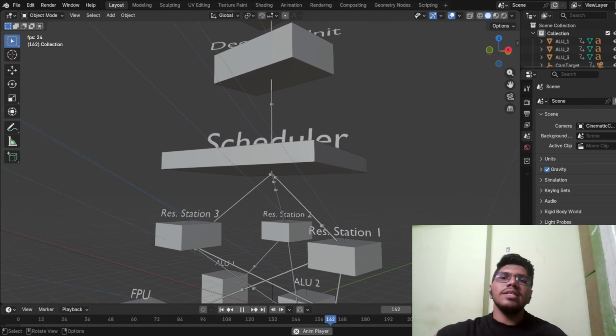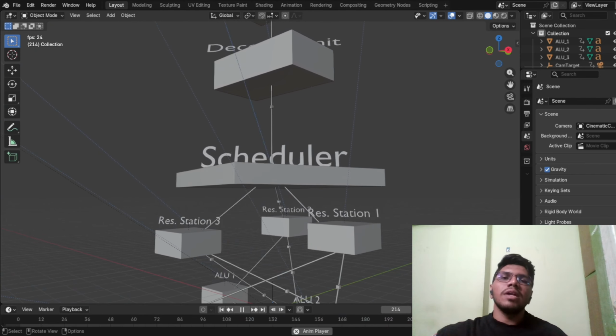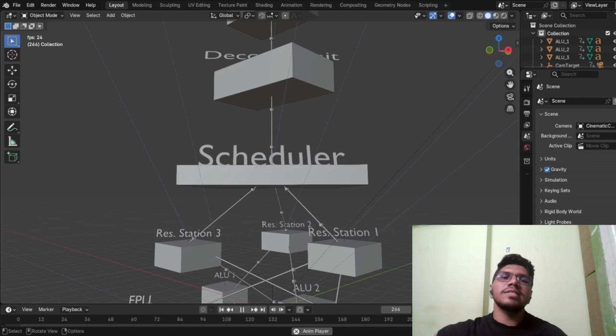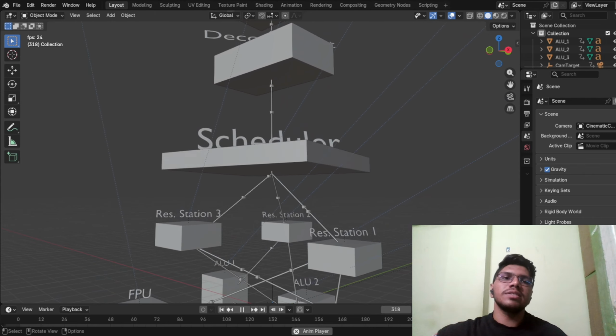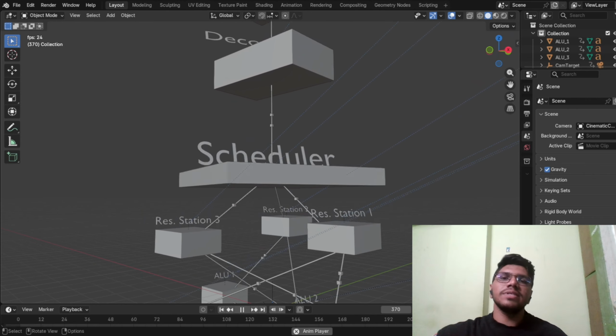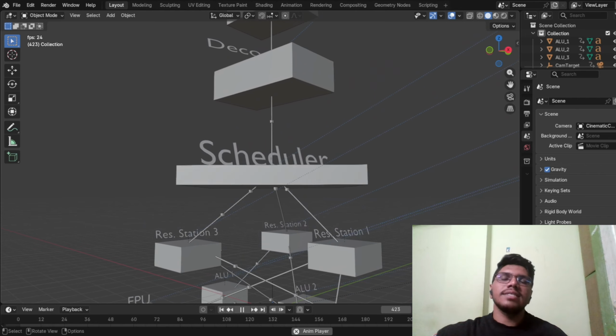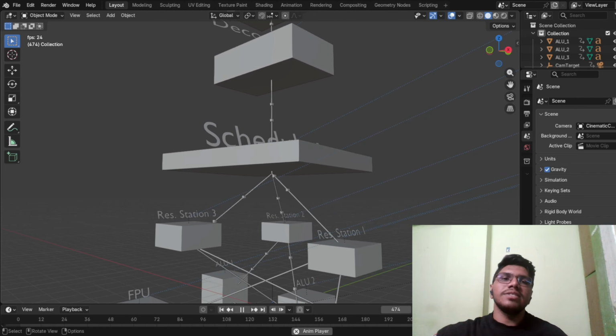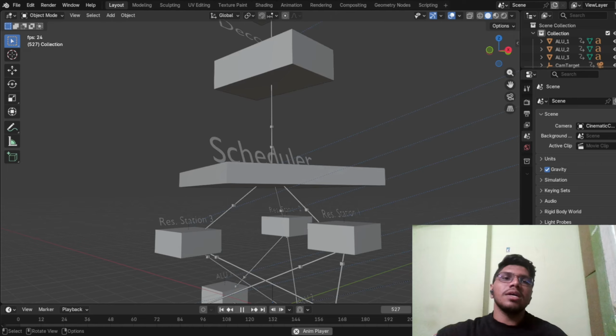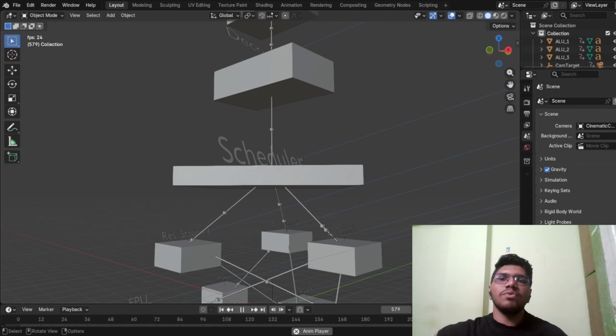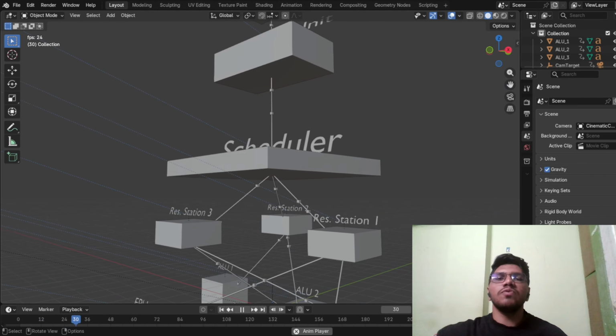It intelligently receives multiple instructions simultaneously into the reservation stations, RS. The reservation stations act as waiting rooms. An instruction might be stuck here waiting for the data from a previous calculation to finish.